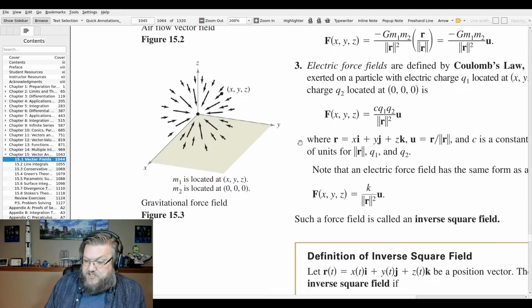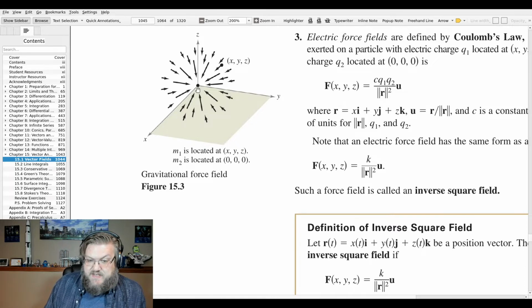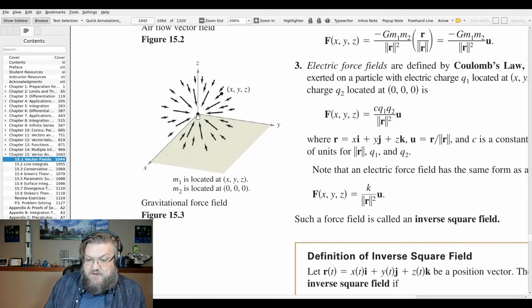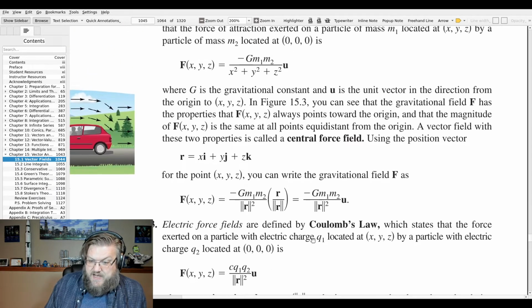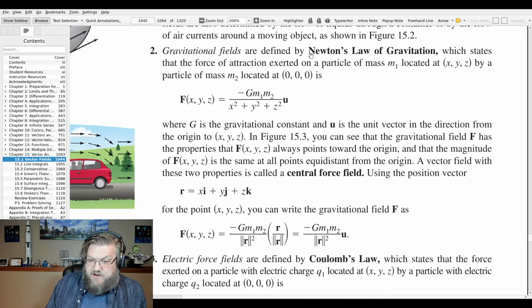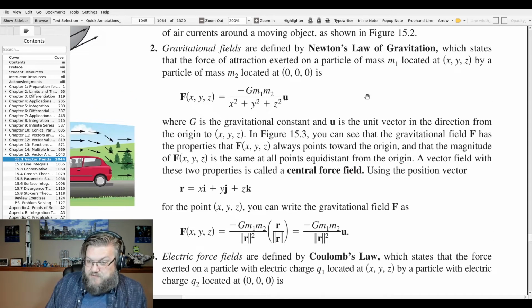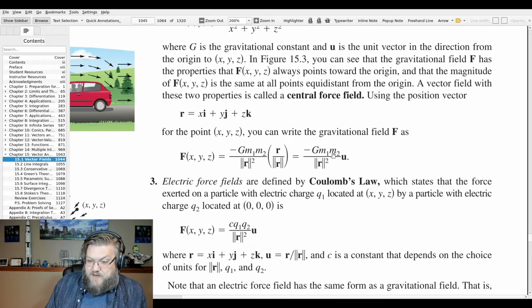You can get a gravitational field, right? Here is the source or the center of gravity, if you will, and you can imagine that the gravitational force is stronger as you get closer to the center, right? And in fact, many physicists call this an inverse square field. And here you have the central force field and gravitational fields defined by Newton's law of gravitation, which maybe you've seen in a physics class before.